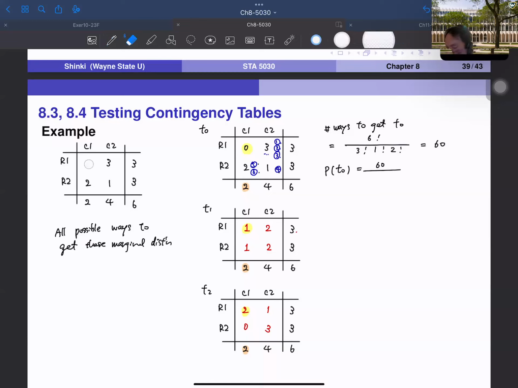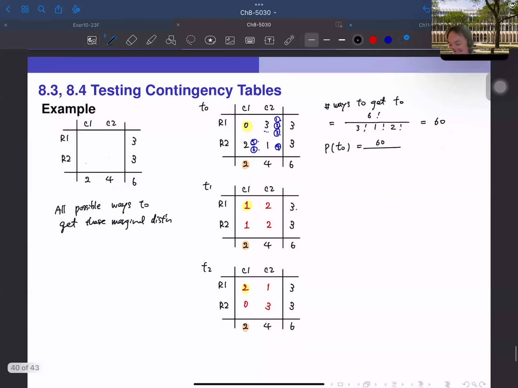So we ignore these numbers and ask how many ways to get this table out of 6 observations. The 6 observations should be 3 in the first row and 3 in the second row. So that combination is 6 choose 3. Also the 2 observations should be in the first column and 4 observations in the second column. So that means we have 6 choose 2 ways to allocate the 6 observations into the columns.